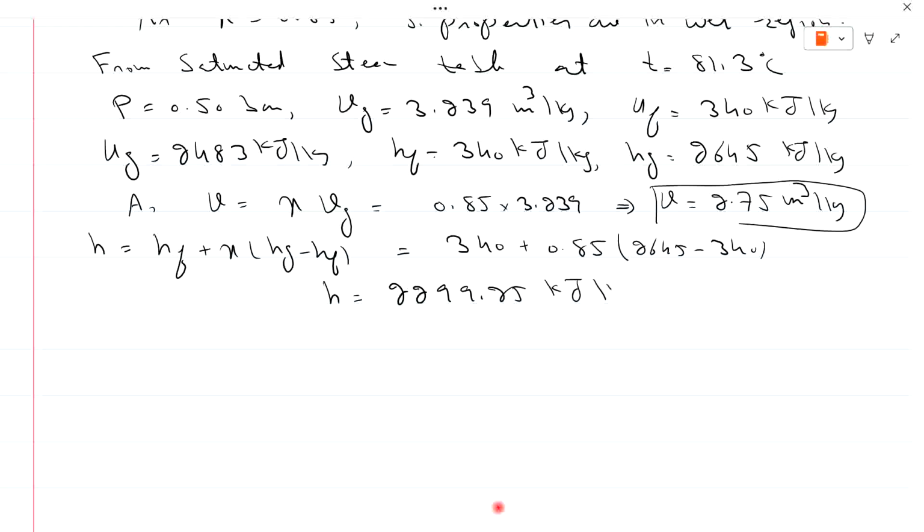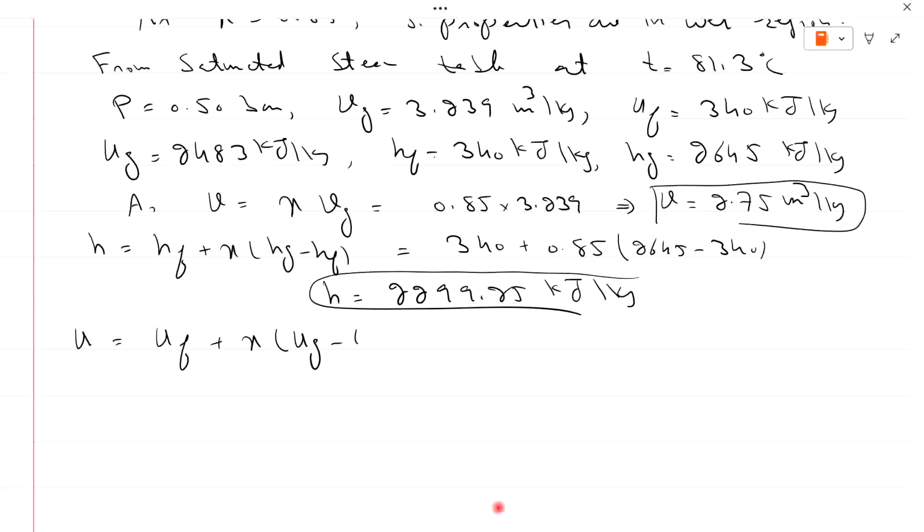kilojoule per kg. Similarly, to find u is equal to uf plus x(ug minus uf), the value of uf is 340, the value of x is 0.85 and the value of ug is 2483 minus 340.